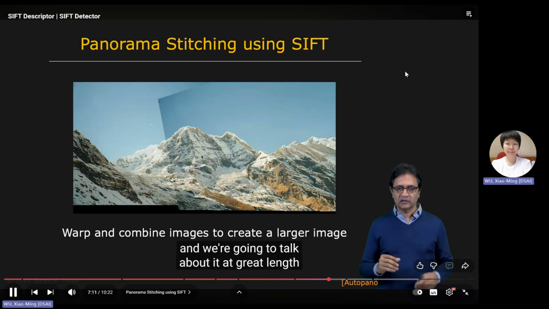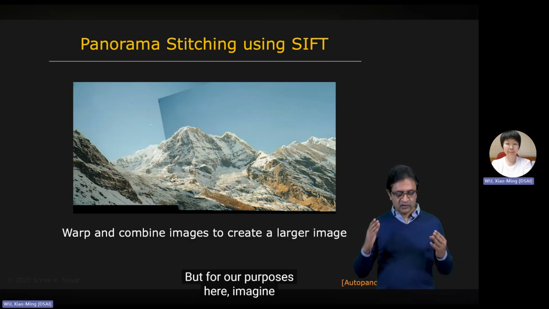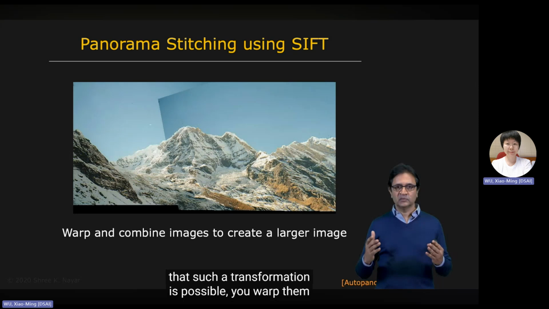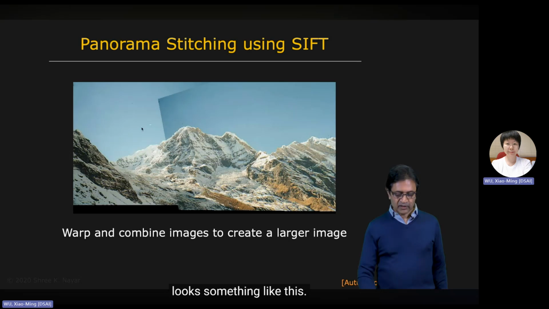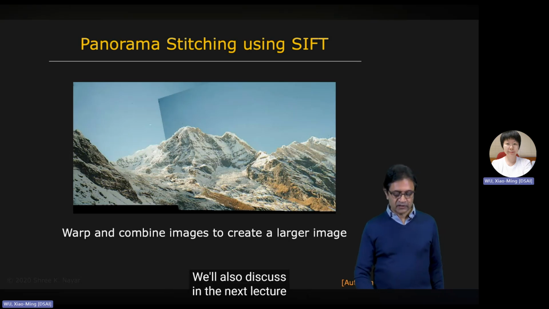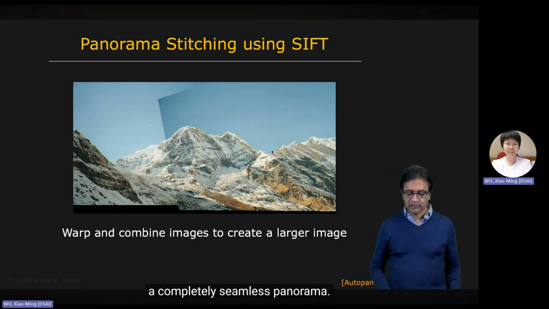We're going to talk about it at great length in the next lecture. But for our purposes here, imagine that such a transformation is possible. You warp them, and then you overlay them, and you get an image that looks something like this, a larger image. We'll also discuss in the next lecture how we remove these seams and make it a completely seamless panorama.